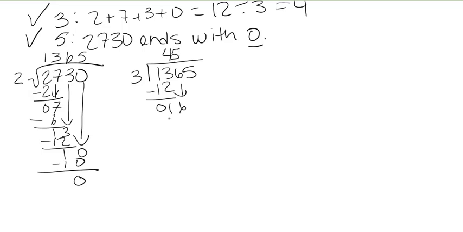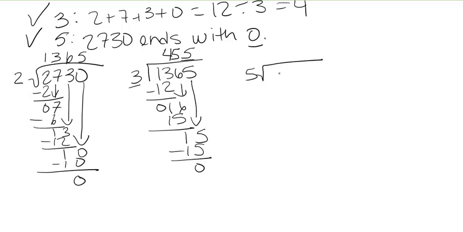So 3 times 5 is 15. 6 minus 5 is 1. So we just leave that as 1. Then we bring down the first 5. 3 goes into 15 now 5 times. So 3 times 5 is 15. We'll subtract. Now we get 0.